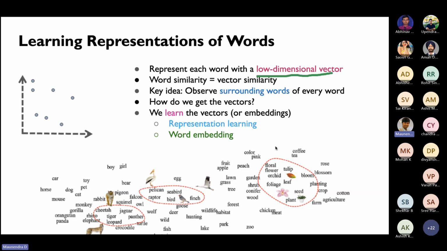That was the observation that people had, and based on that, they designed certain techniques. So the question is, earlier when we looked at the document vectors in TF-IDF, it was very easy to see, given a collection, how to get the vectors. But here, how do we get the vectors?